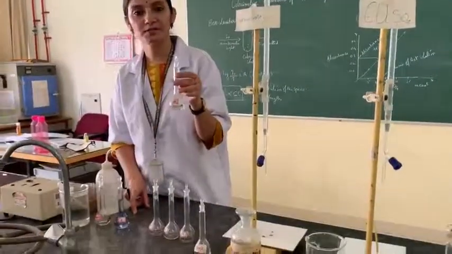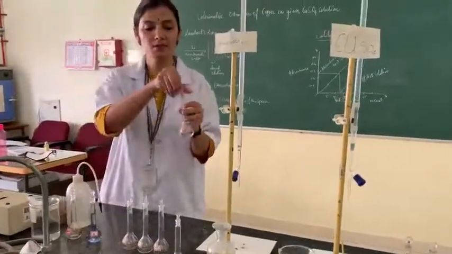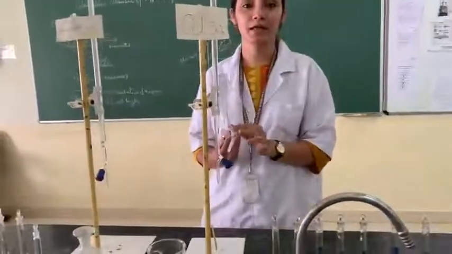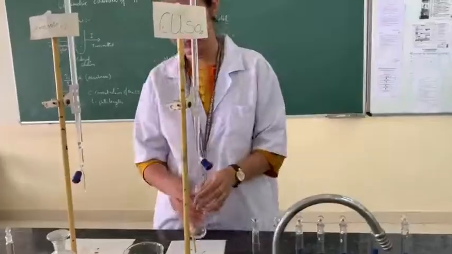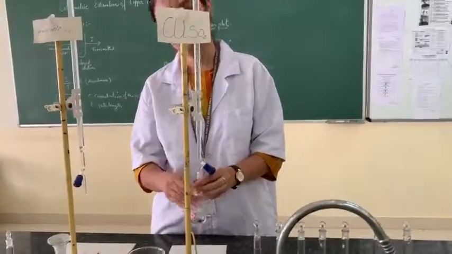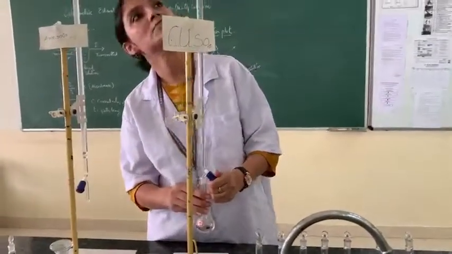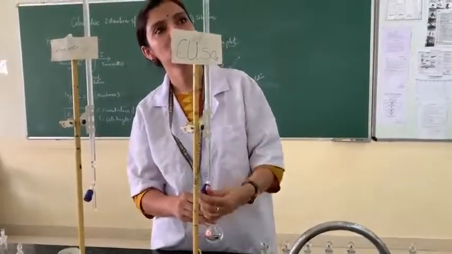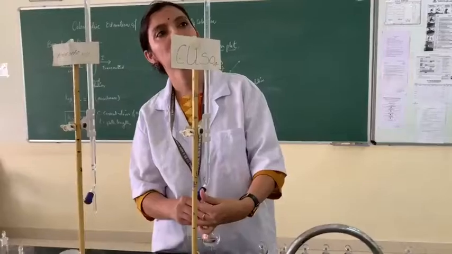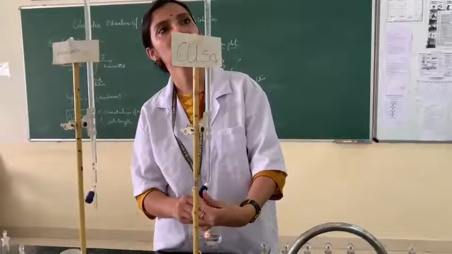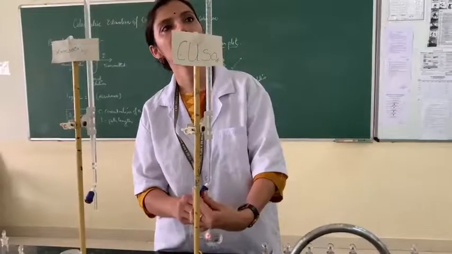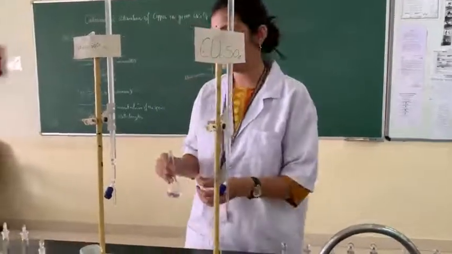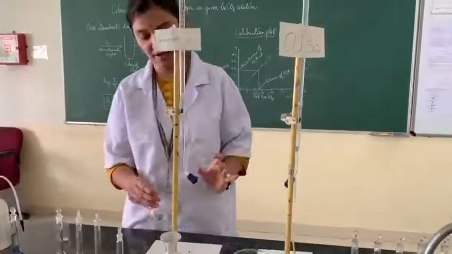Likewise, let me show you one more solution, that is 10 ml. The volumetric flask labeled as 10 means you need to add 10 ml of copper sulfate into this. After adding 10 ml of copper sulfate, the ammonia volume remains the same, that is 5 ml.